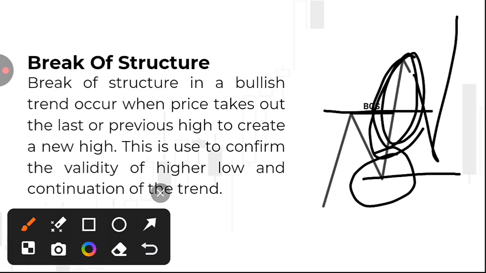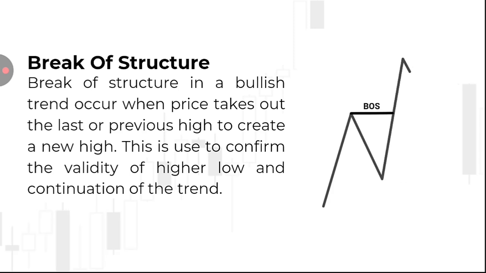Hope you get the point now. You don't expect price to trade back down into this low again, except if price wants to change its direction, which you will get to learn more about as we proceed in this lesson. So a break of structure is used to confirm continuation of a trend and the validity of a higher low. That is basically what break of structure means in a bullish environment.